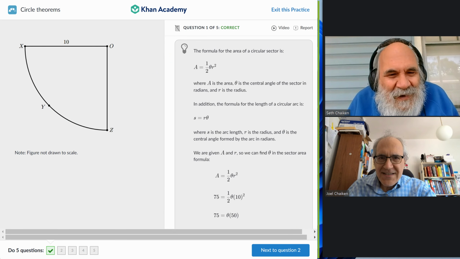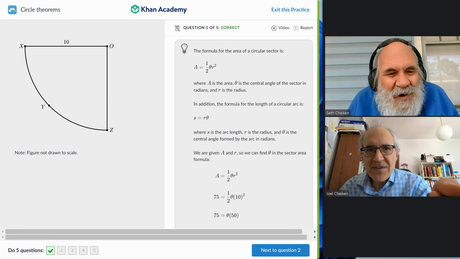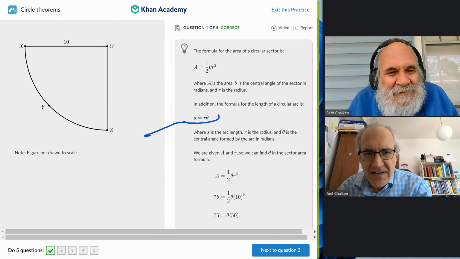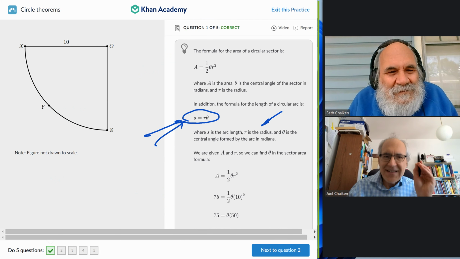Ooh, look at this. This is major big time knowledge for people. The SAT is expecting you to know this formula. So if you don't know it, this is the time to learn it. They said it sort of the way you did it, didn't they?